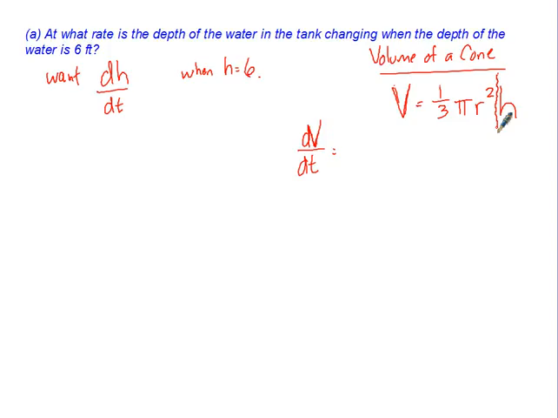So let's just keep that as f and this as g. So tell me what I have. 2/3 pi r dr/dt times h plus 1/3 pi r squared times dh/dt. Does everybody understand what I just did?